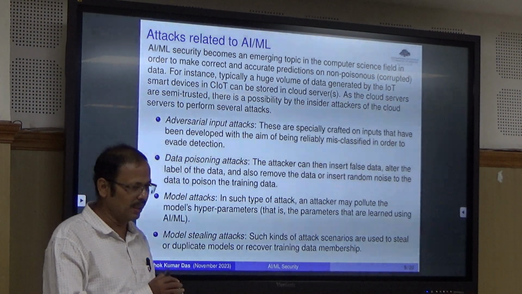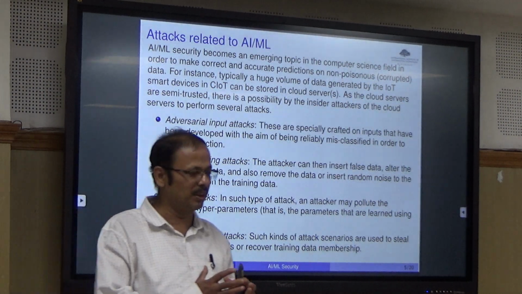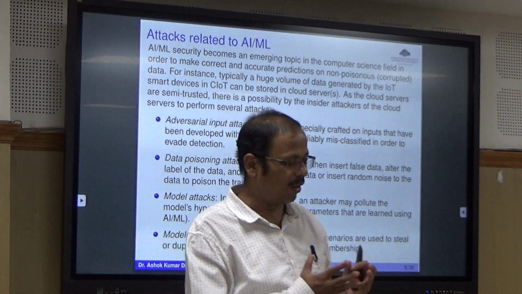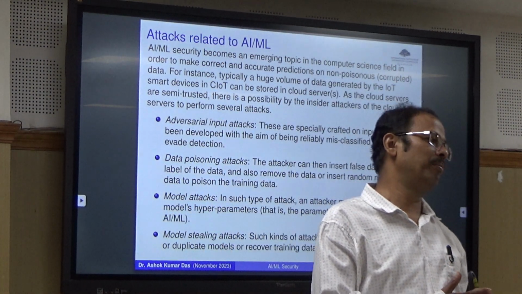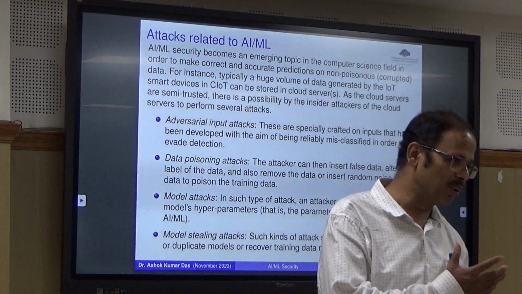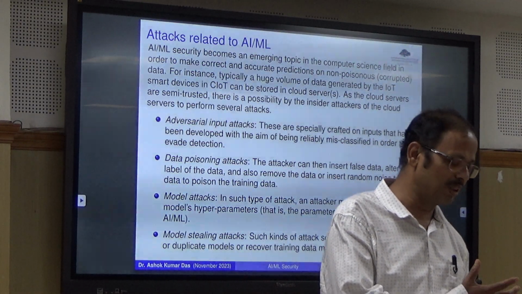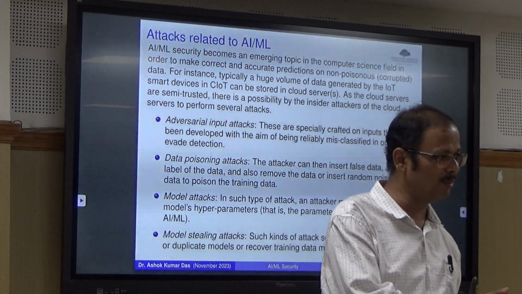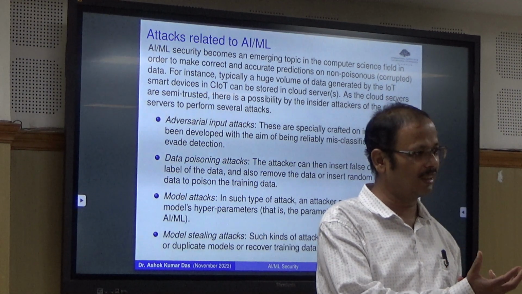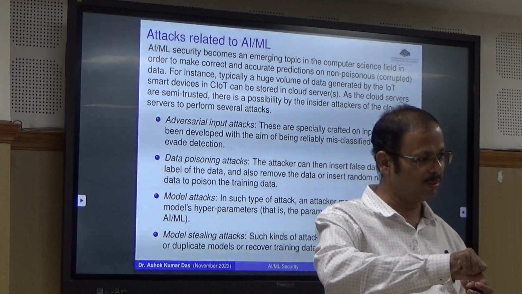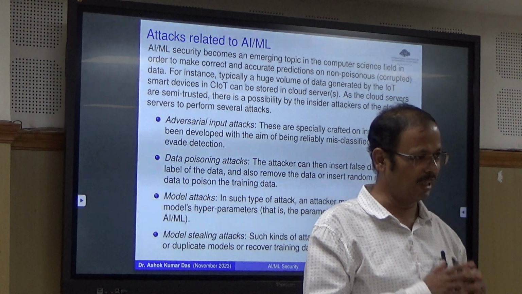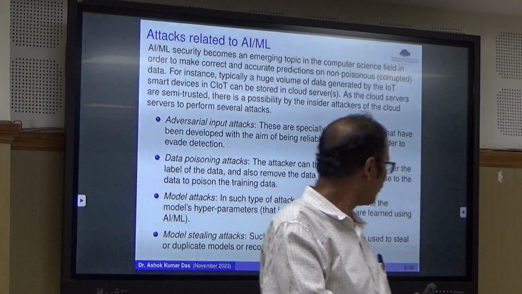For example, if data is stored in a trusted or semi-trusted cloud environment, an inside attacker can poison the data: change the labels, insert fake data, or delete some data from the database.